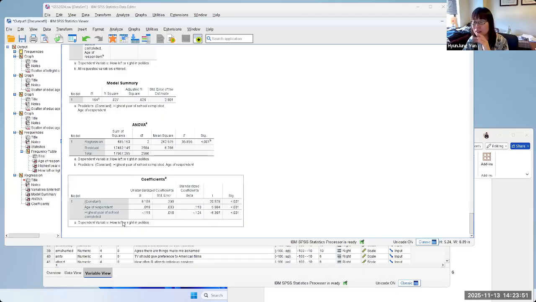Regardless of age and education, the baseline of ideology for people is going to be 6.156. So y equals alpha, which is 6.156, plus 0.016 x1, where x1 is variable 1, which is age. And then the next is negative 0.115 x2, where x2 is variable 2, which is education. That's the equation model you can write up.